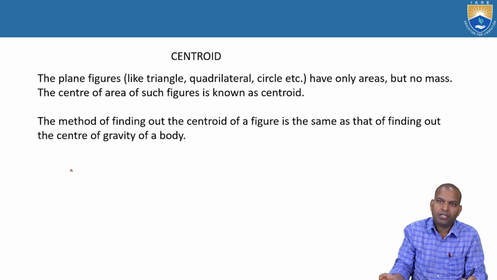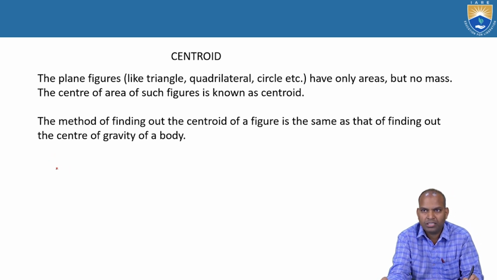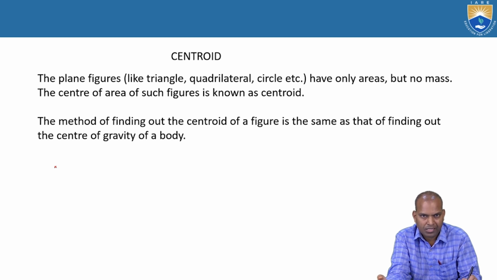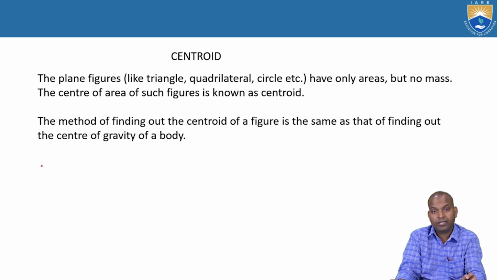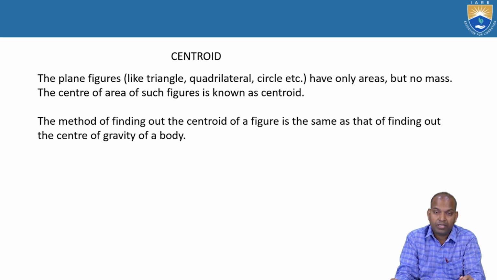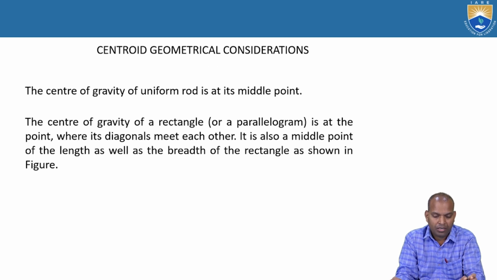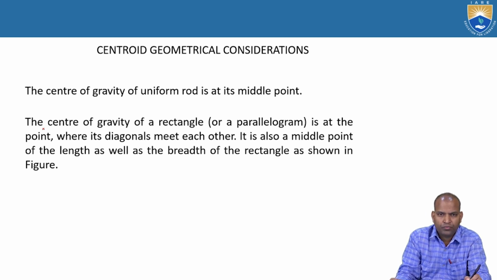The method of finding the centroid of figures is the same as that of finding the center of gravity of a body. So experimentally and theoretically, in this session we are going to study how to find the centroid by the theoretical method, considering different geometries such as triangle, quadrilateral, parallelogram, etc.